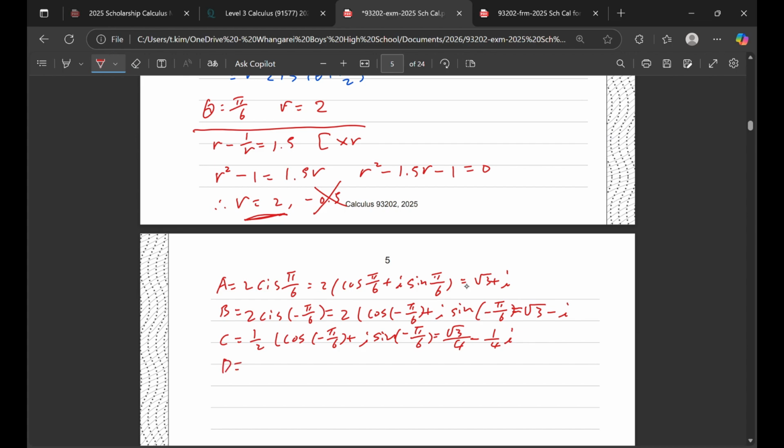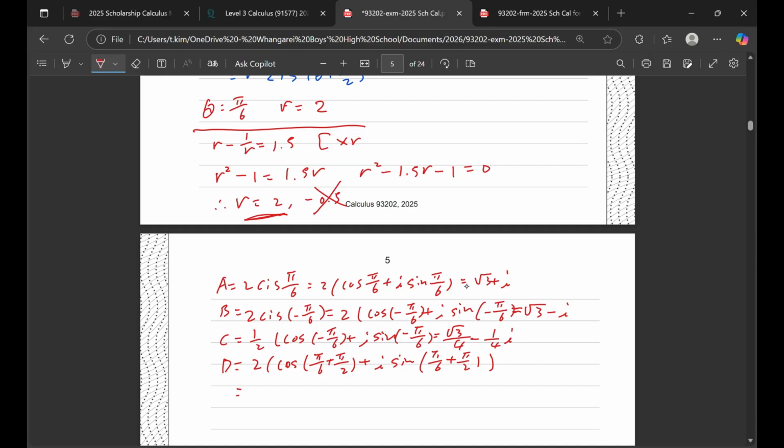And then D is 2 times cosine pi over 6 plus pi over 2 plus i sine pi over 6 plus pi over 2. Yeah.